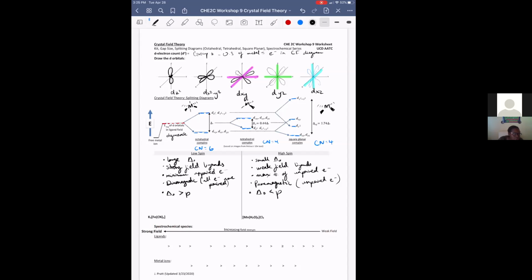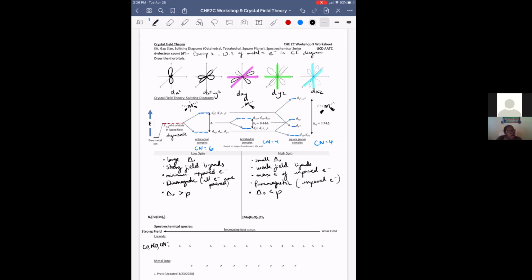So if we want to think about the spectrochemical series and ranking our ligands, this is a ranking that generally you're given in an exam or you should have access to. Most professors don't make you memorize it, but if we were to rank them, we see CO, NO, and CN minus.